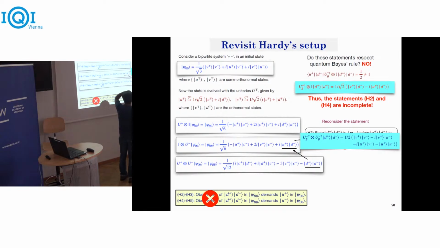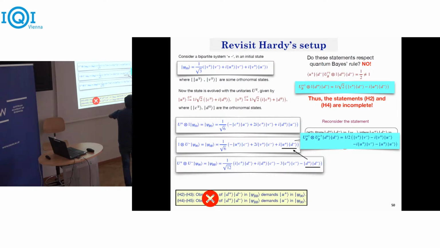Actually, I don't want to invoke local realism here, because it always has something to do with some prior assumption. For example, you already start with a local hidden variable theory, all the probabilities that you deal with are classical probabilities, and you always take into account that your Bayesian rules are correct.